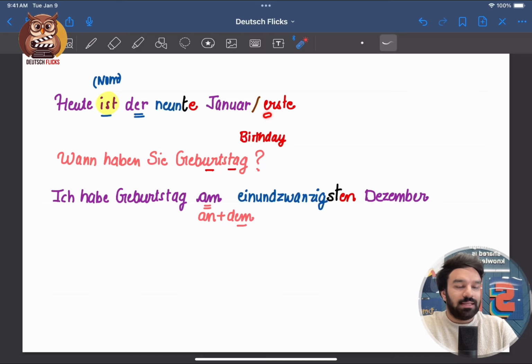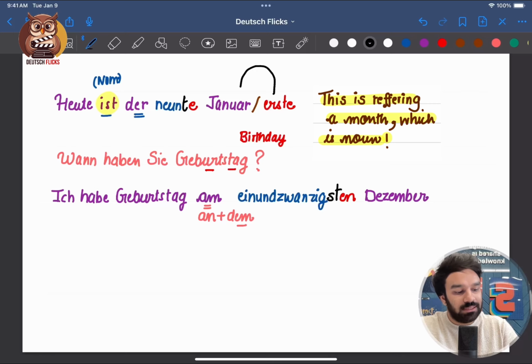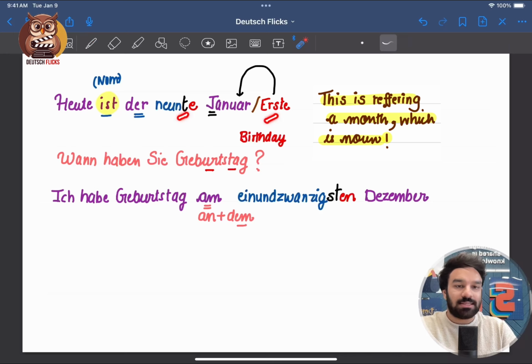But this time you cannot write E as small, we have to write it capital, because this is referring to a month which is a noun. You can see J is capital, it's a noun. So I'll erase this and write E as capital and say Erste. So heute ist der 9. Erste.